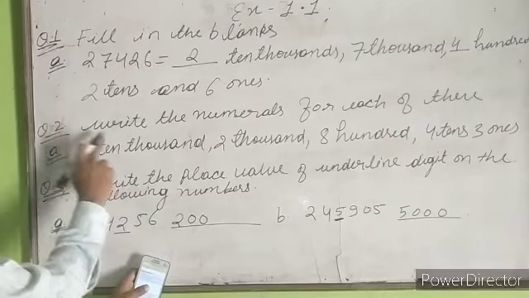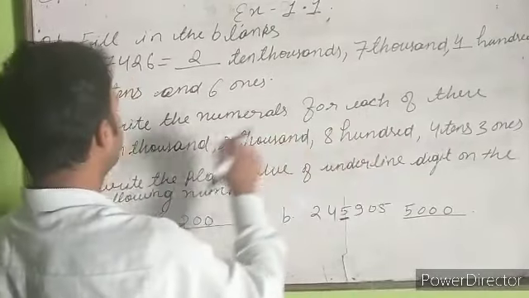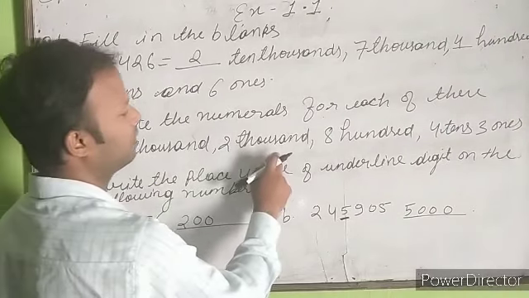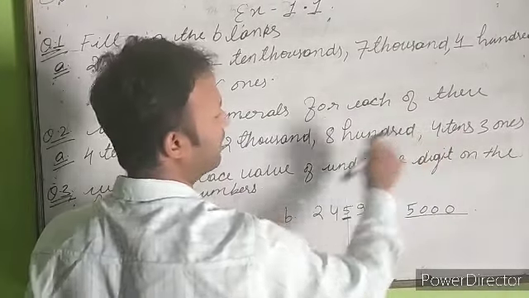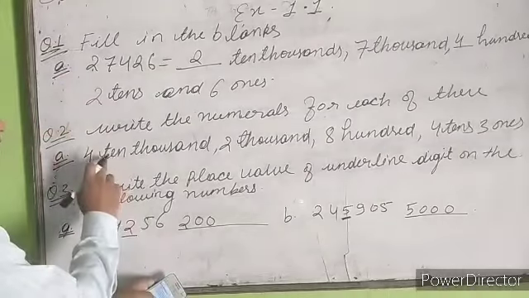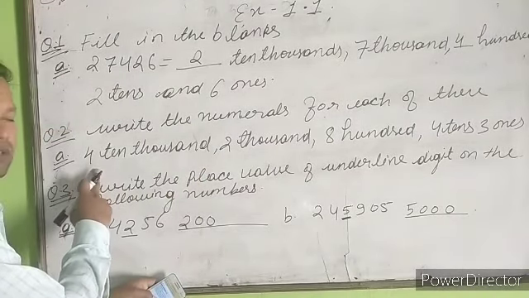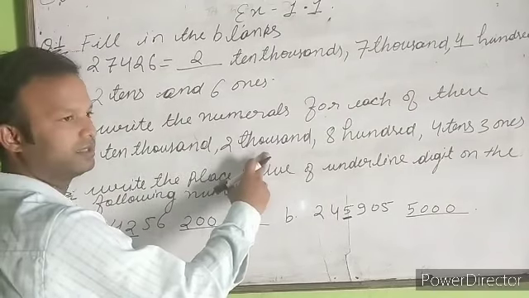Question number second, write the numerals for each of these. Now here you can see 4 10,000, 2 thousands, 8 hundreds, 4 tens and 3 ones. So how many 10,000s are there? 4. 10,000 means 4 into 10,000, 40,000. How many thousands are there? 2.